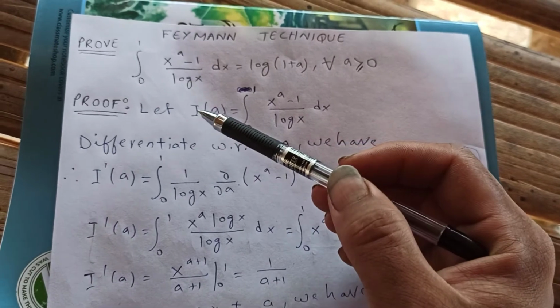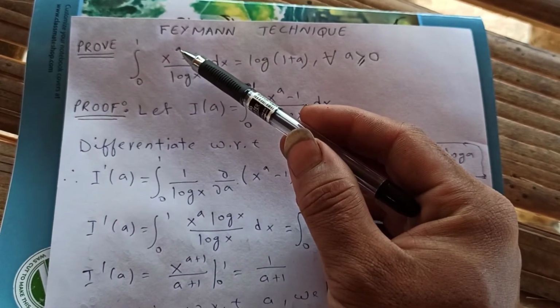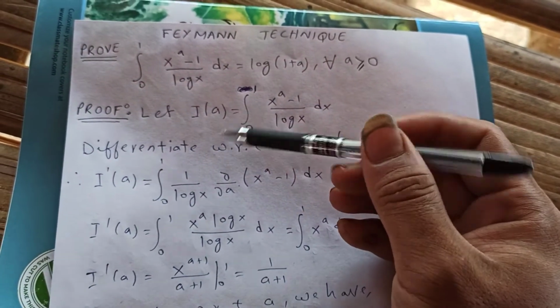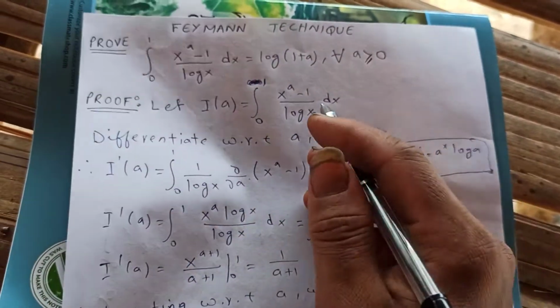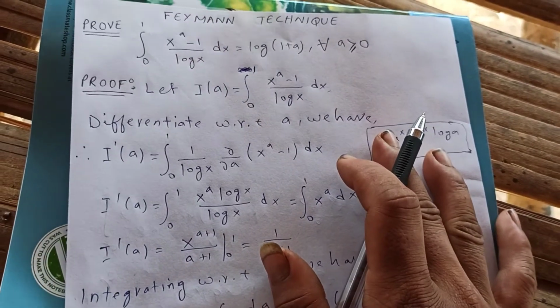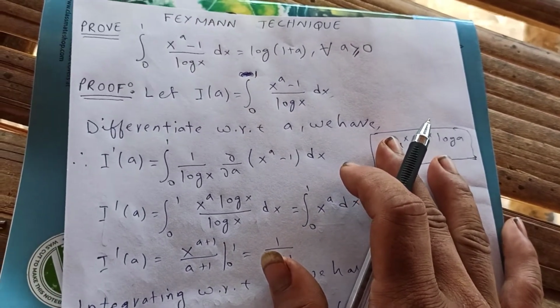Now let our integral be I. Here we put the parameter a, so I of a is equal to the integral from 0 to 1 of (x^a minus 1) upon log x dx. Now I'm going to use the Leibniz rule.